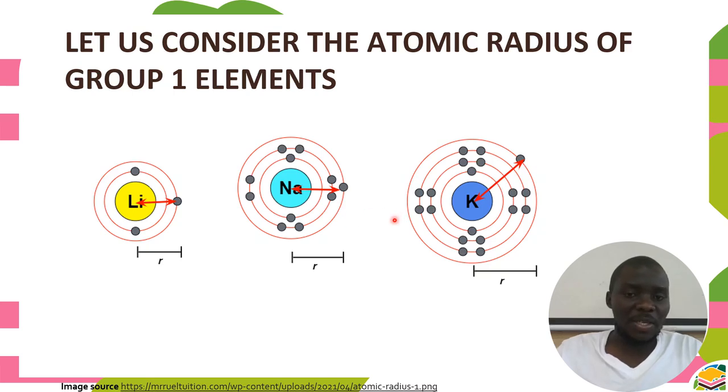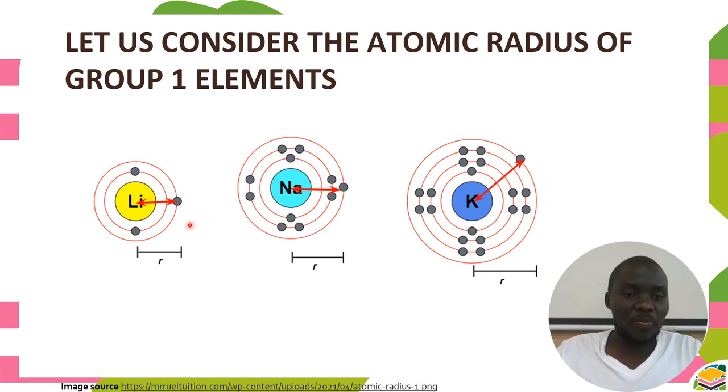Remember, I said each energy level occupies the maximum number of electrons it is supposed to occupy. So if you go here again, the number of energy levels increases. The first factor that extends the atomic radius is the number of electrons. If it has more electrons, you are going to have many energy levels.